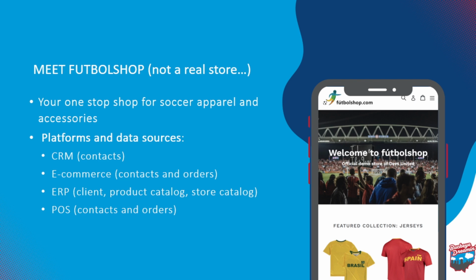And we have a point of sale system, which also has contact data and order data. So these are all the sources of data that we have in Football Shop. Doesn't sound very crazy, but if you start making a list, you start realizing, oh, I have contact data in separate sources.